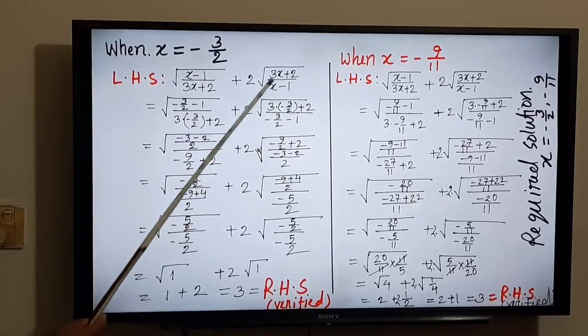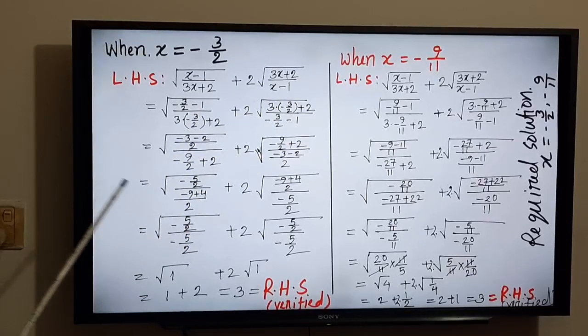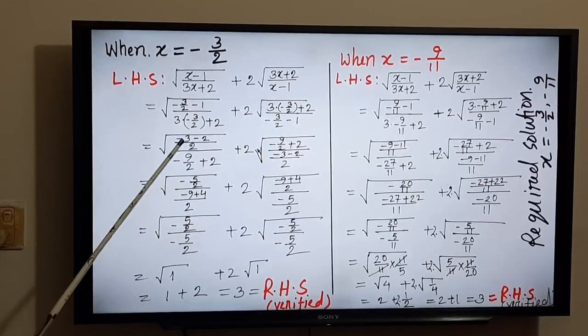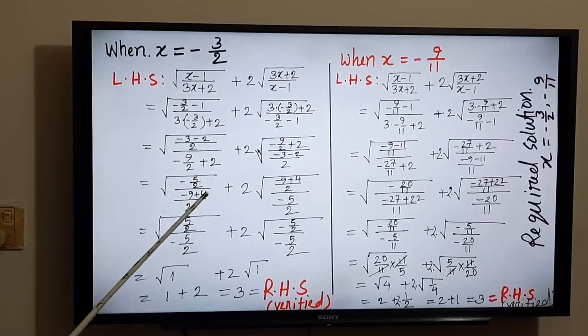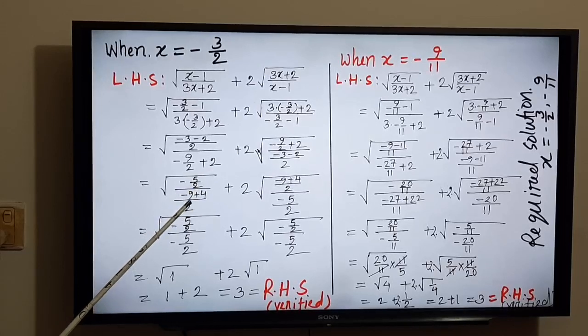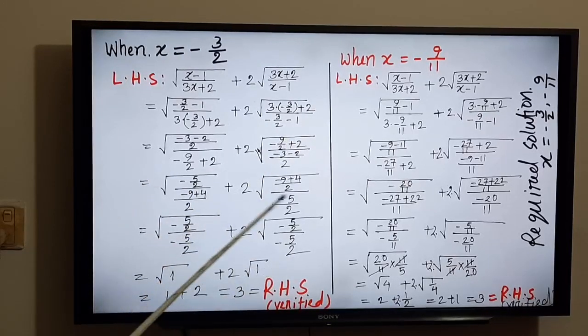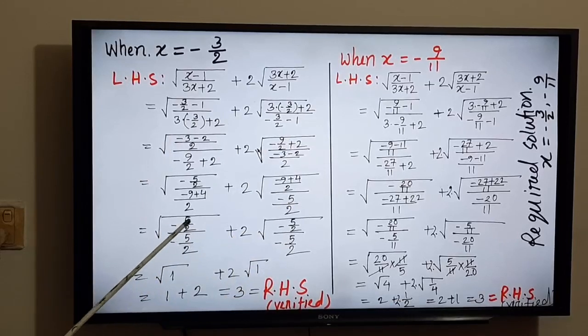And this term is also the same, just the reverse of this term. Similar calculation: minus 5 by 2, and in the denominator minus 9 plus 4, which is minus 5 by 2. No need to discuss further.